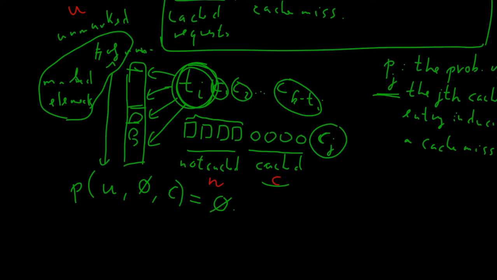So if there are no new elements, then there is no choice, there is no possibility of me being thrown out from the cache, because everyone just finds its place.